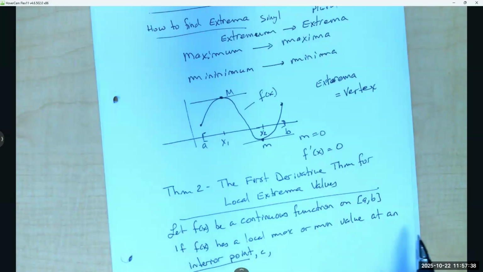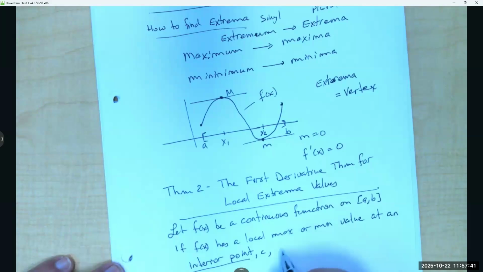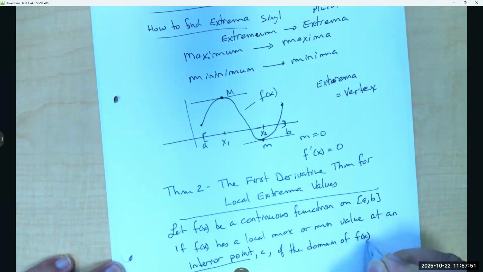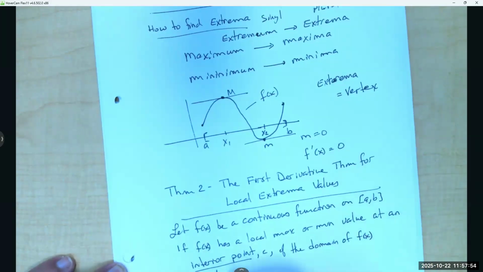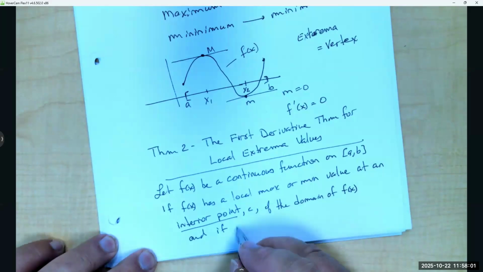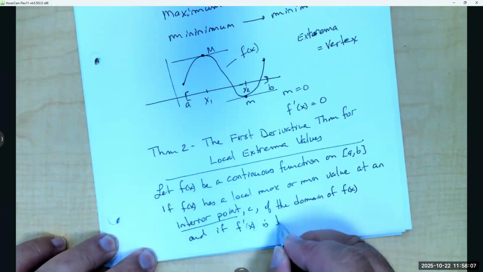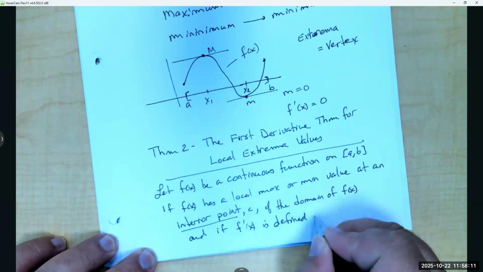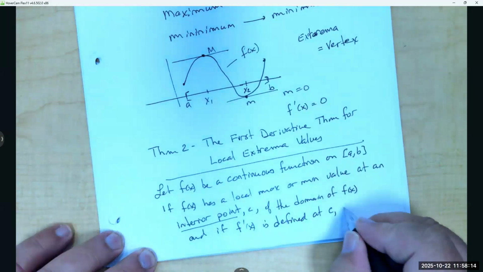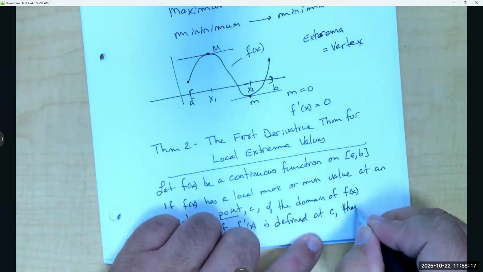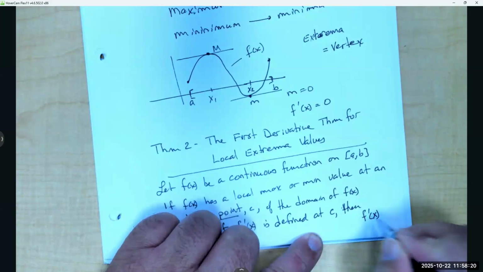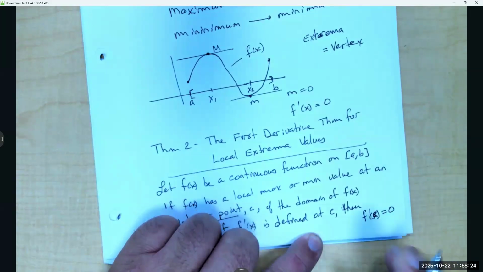So local maximum or minimum value on the interior point C of the domain of f of x, and if f prime of x is defined at C, then the derivative of f at C equals 0.